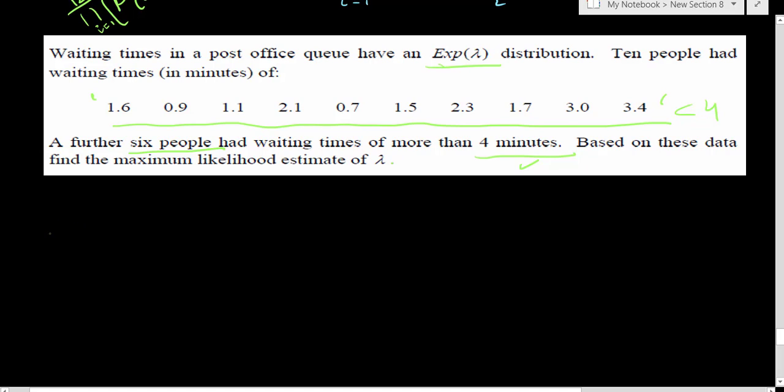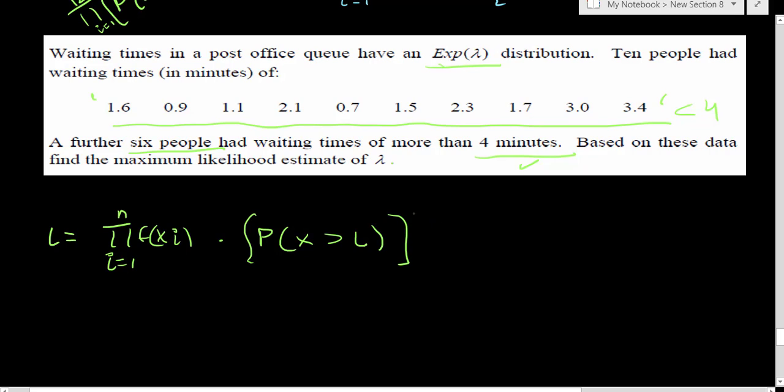Let's start constructing the likelihood function. So the likelihood function would look somewhat like this. The product of i going from 1 to, obviously, n of f(xi), multiplied by the probability that X is greater than, let's call it L, for let's say m number of values.